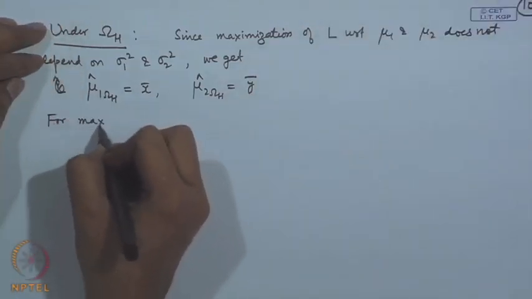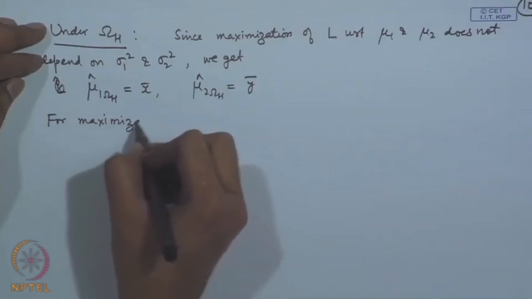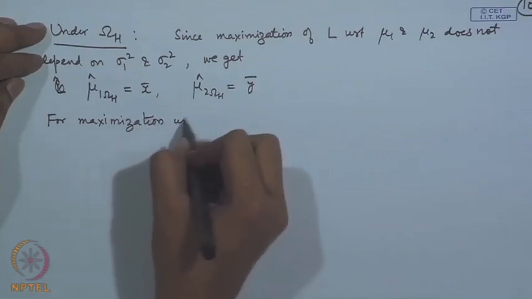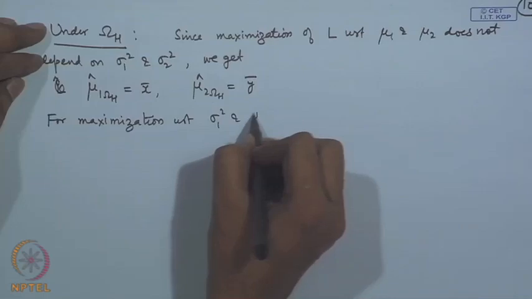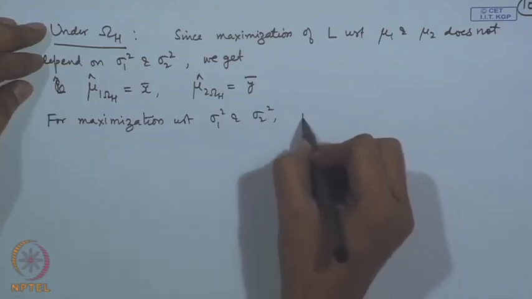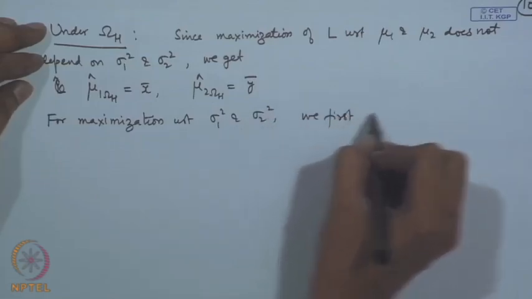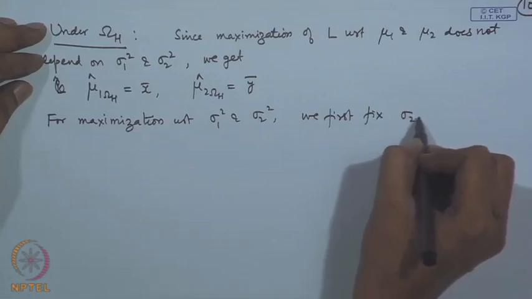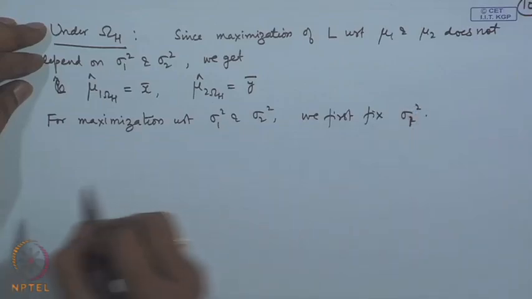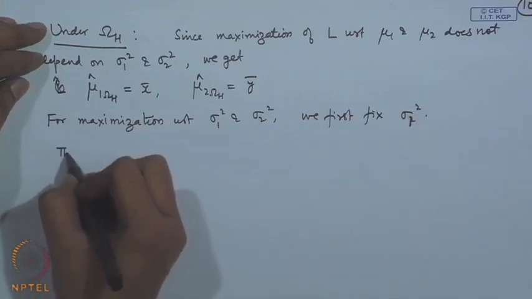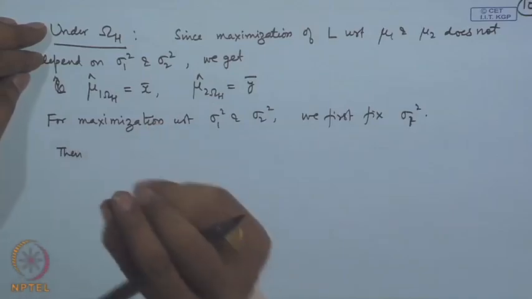So, for maximization with respect to sigma 1 square and sigma 2 square, we first fix sigma 1 square, say. Then we are saying sigma 2 head square is less than or equal to.